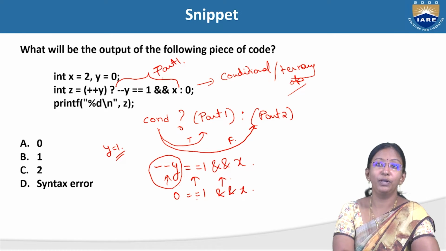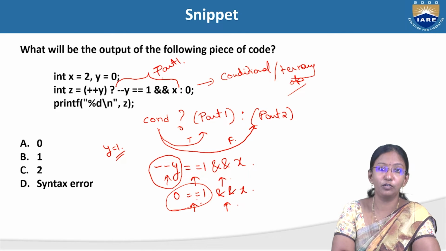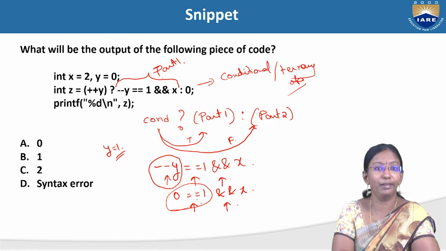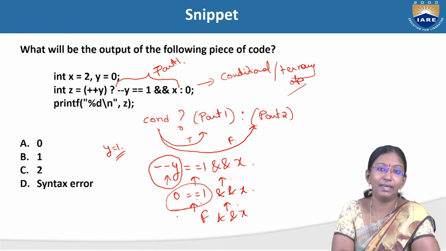Very good. Now we have 2 operators in hand, relational and bitwise. Between these 2, the relational will get higher priority. So evaluate this. The left hand side is 0 and the right hand side is 1. They are not equal, so the result of this relation is false. False and x.